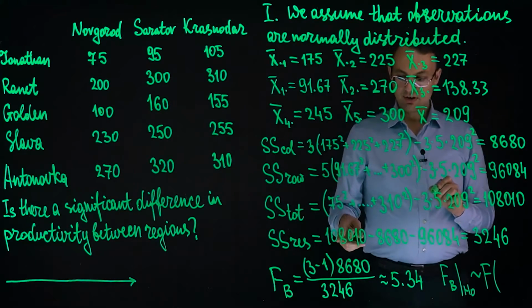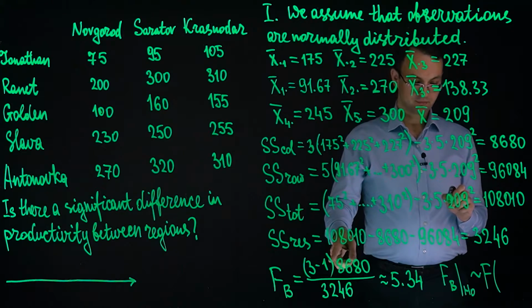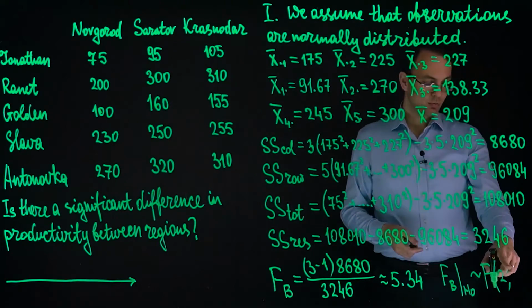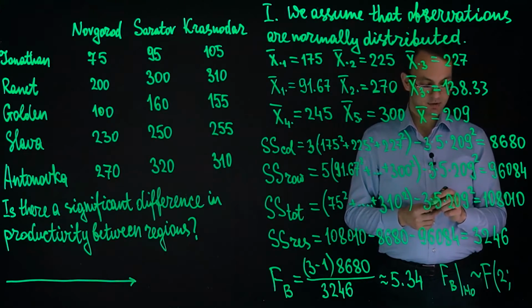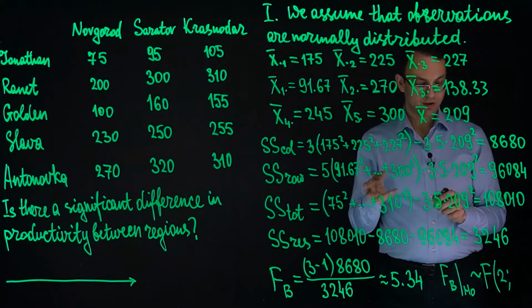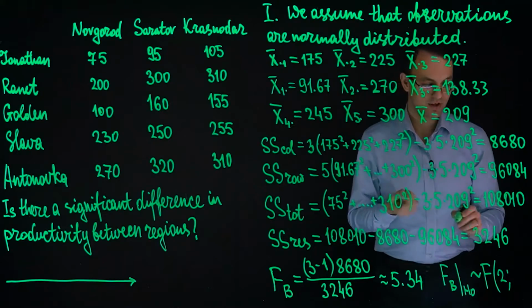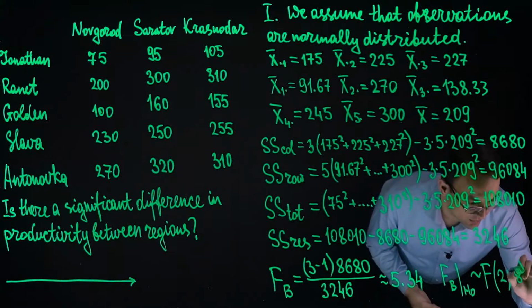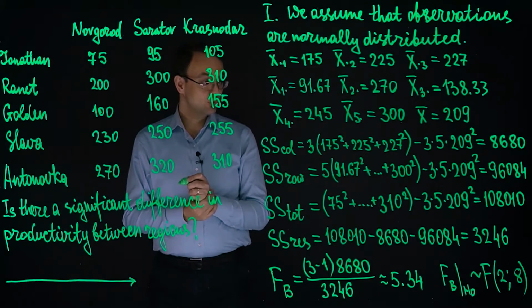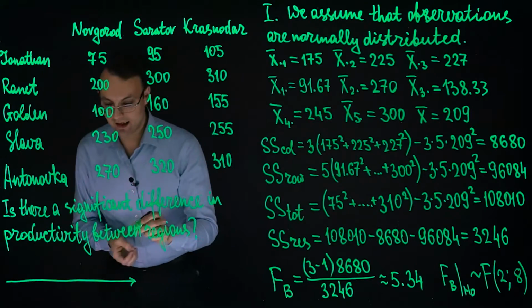So 2 is for k minus 1, 3 minus 1 is 2, and here we have k minus 1 times L minus 1, so 3 minus 1 times 5 minus 1, 2 times 4, that is 8. So we have Fisher distribution with degrees of freedom 2 and 8.